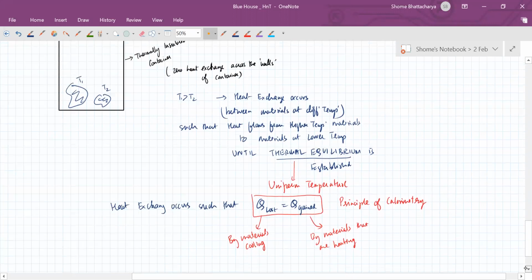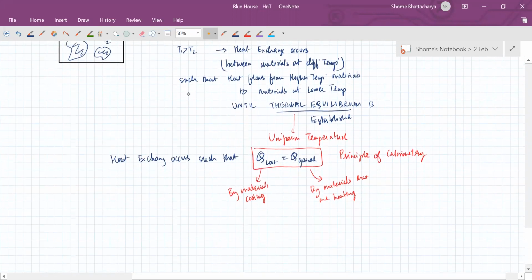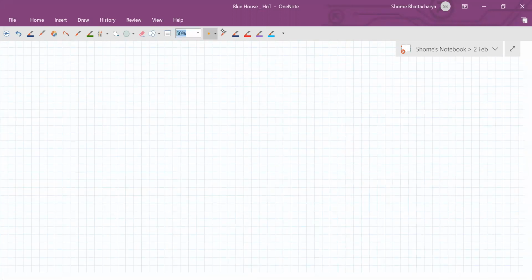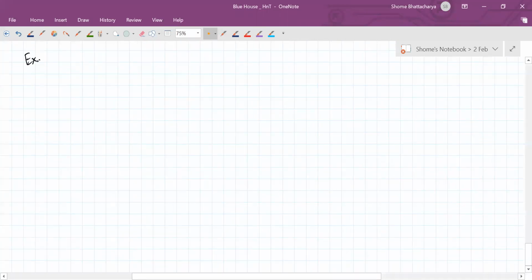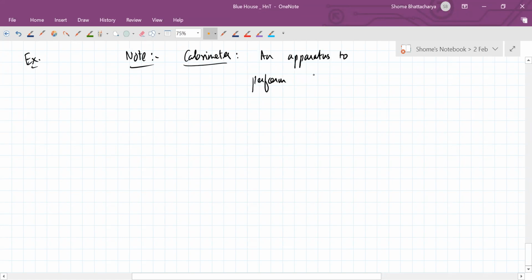So let's look at a very simple example of this. So basically, a calorimeter is nothing but an apparatus to perform calorimetric experiments.